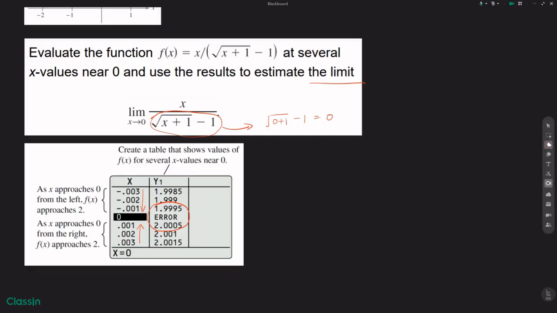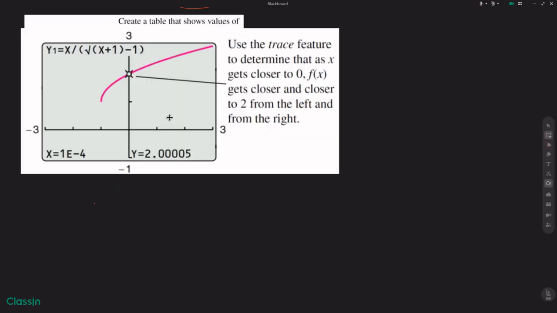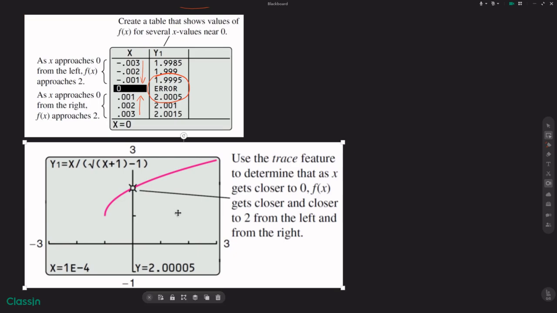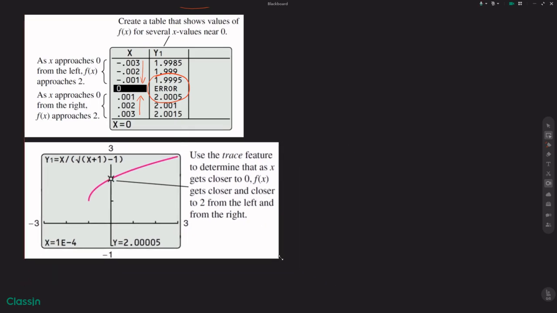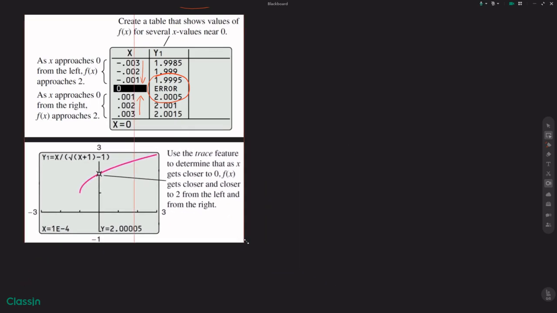And we can also confirm that with the graph. So we actually plot the graph. Well, of course, we asked the calculator to do that for us. And not surprisingly, we can see that there's a missing point there, located at x equals 0, because you're not supposed to take x to be exactly 0.